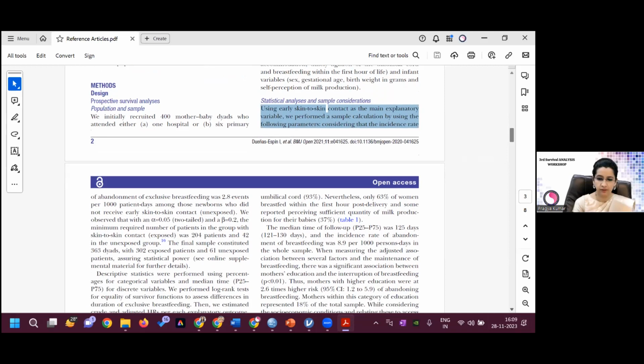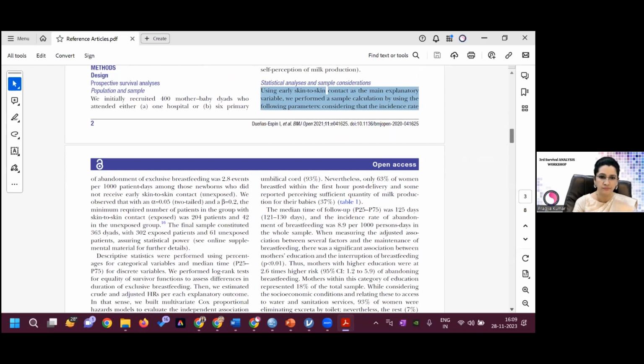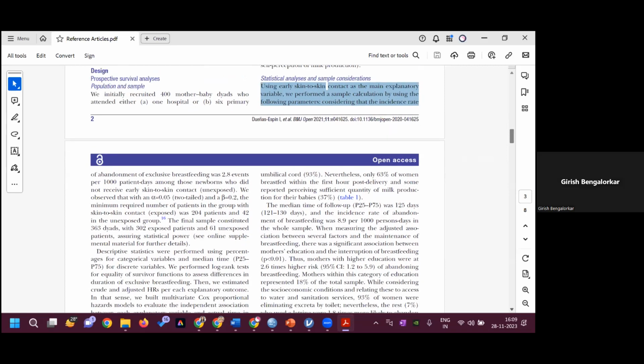Statistical analysis and sample consideration using early skin-to-skin contact as the main explanatory variable. We performed the sample calculation using the following parameters, considering the incidence rate of abandonment of exclusive breastfeeding was 2.8 events per 100 patient days among those newborns who did not receive early skin-to-skin contact (unexposed).